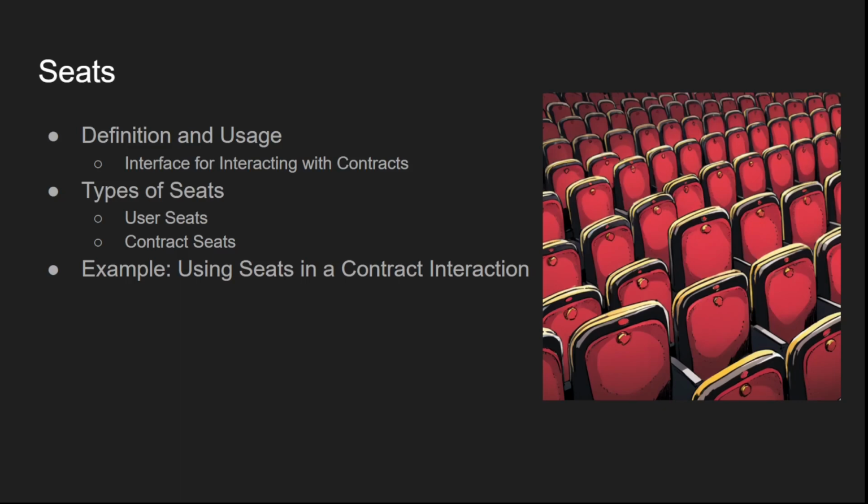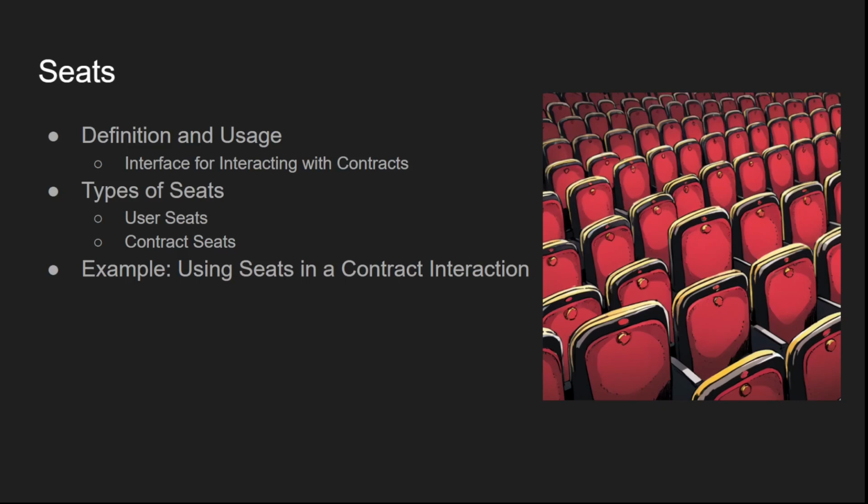There are two primary types of seats in Agoric: user seats and contract seats. User seats are used by individuals or external entities to interact with a contract. When a user makes an offer to a contract through Zoe, they receive a user seat.